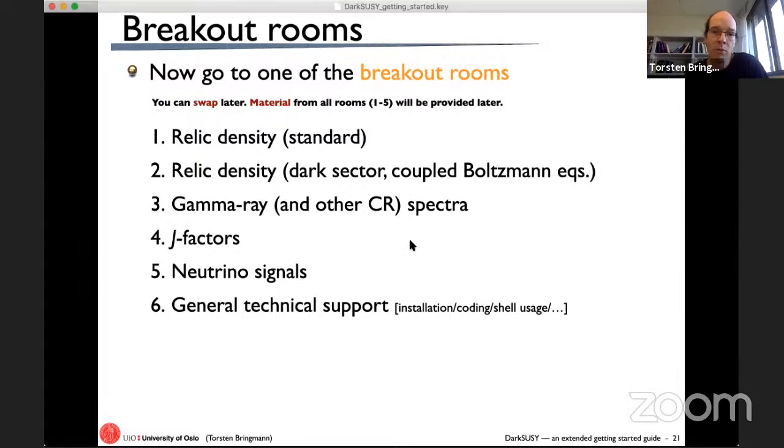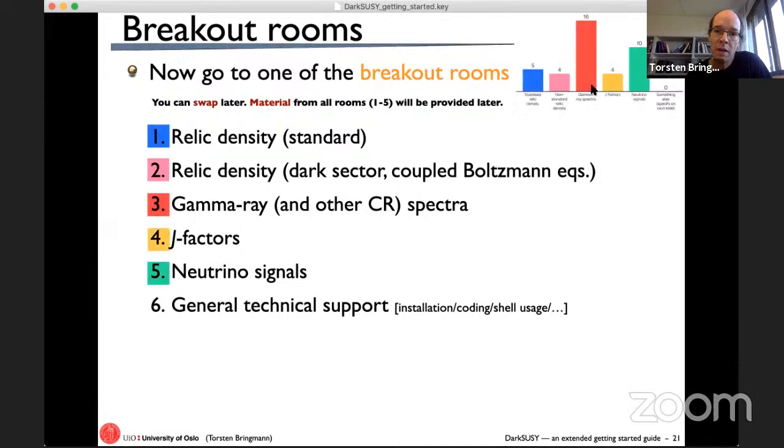6 breakout rooms, and you will recognize these rooms as the ones that I've announced in the email. And there were also very clear preferences. Most of you were interested mostly in the gamma ray spectra, followed by the neutrinos, and that guided a bit the level of effort and detail we put into the material there.